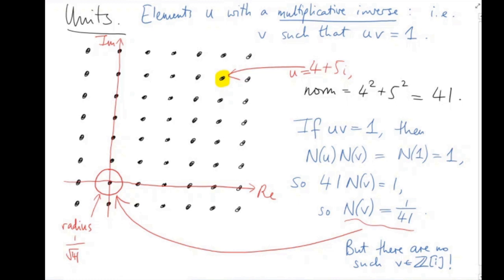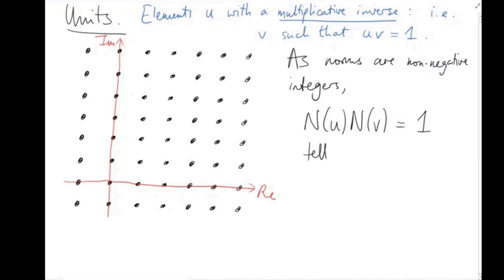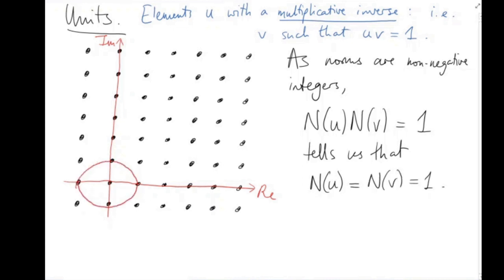If you think about it, this tells you how to find all the units. Since norms are always non-negative integers, if the norm of u times the norm of v is 1, then the norm of u and the norm of v must both be equal to 1. So both u and v lie on the unit circle. So the only possibilities are plus or minus 1 and plus or minus i, which are all units, as you can see from this table.